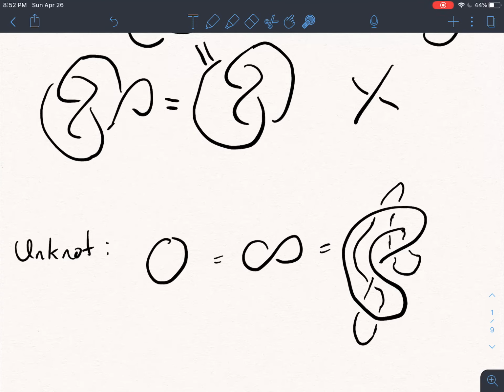If you just look at this, it might not be clear to you that this is a picture of the same thing, but if you were to do some untangling here, then you could convince yourself that this is another picture of the unknot. Knot theory is useful for a good number of things.